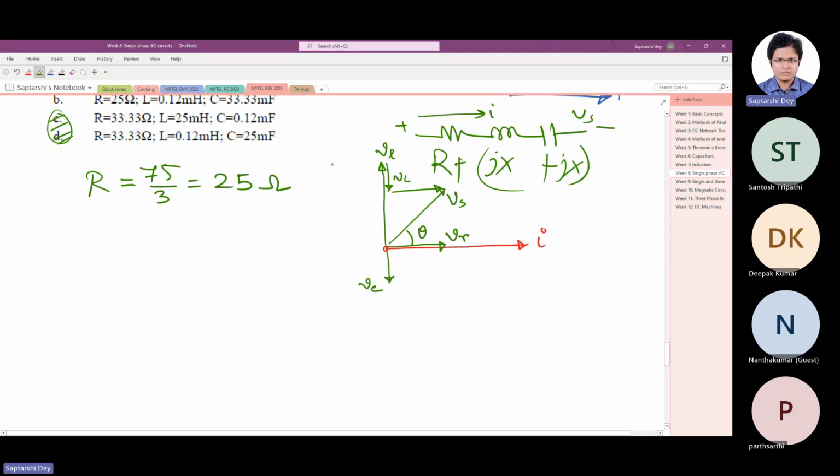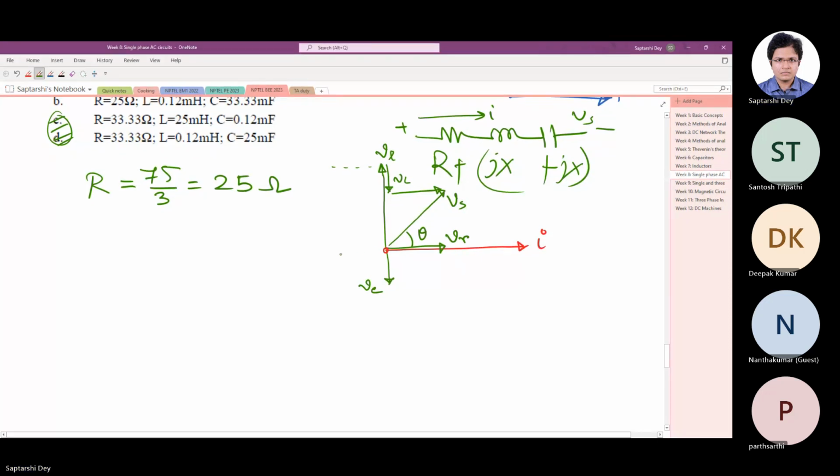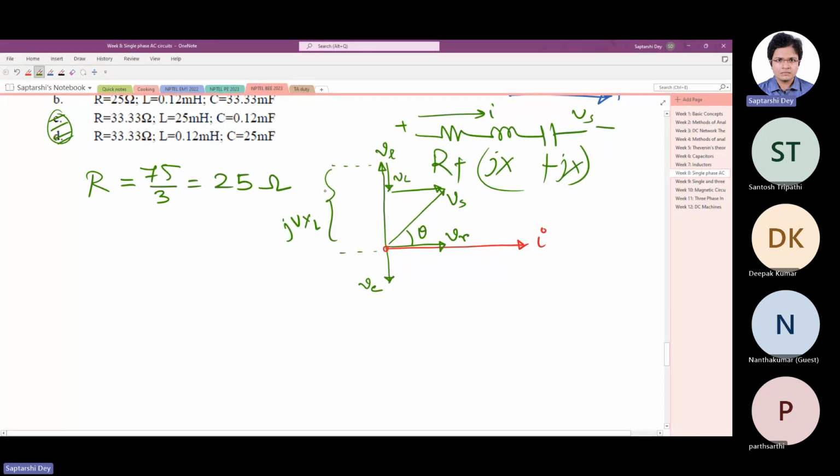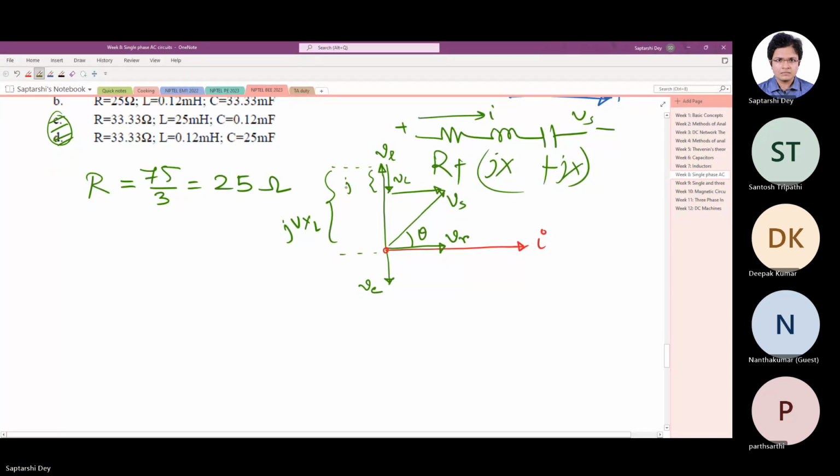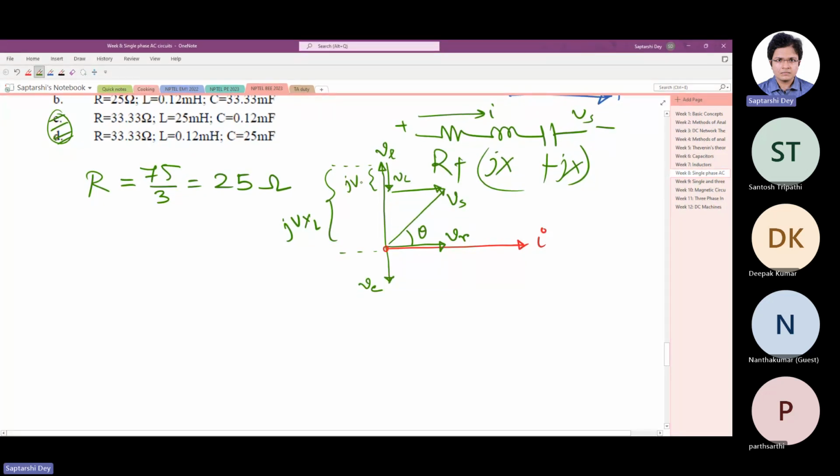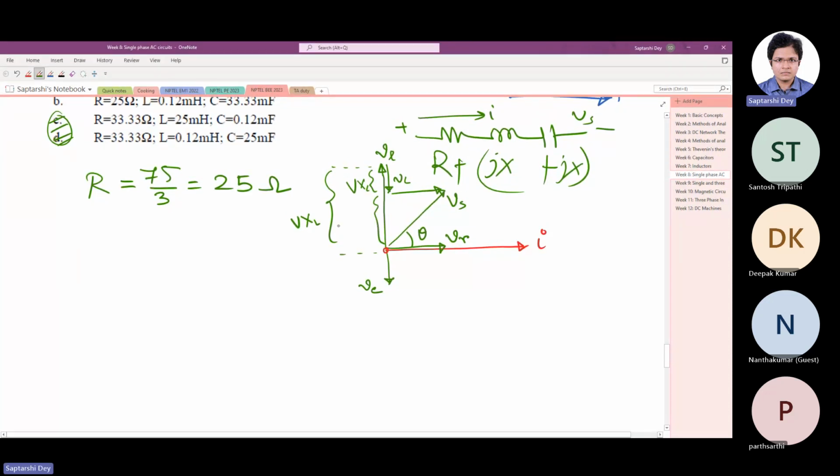So this one voltage is j times I XL, and this much is j times I XC. I am writing only the dimension, not the vectors, only dimensions.